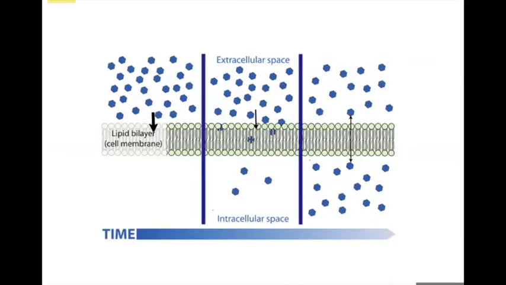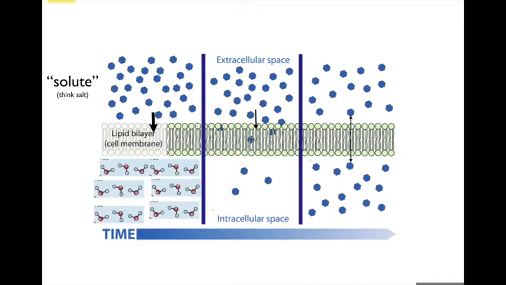So the whole concept of that high to low concentration, we're normally talking about different little particles in the fluid, in the water, in the solvent. Over here, you can think of sodium or chloride or glucose, any kind of solute that is moving from a high to a lower concentration until it reaches equilibrium.